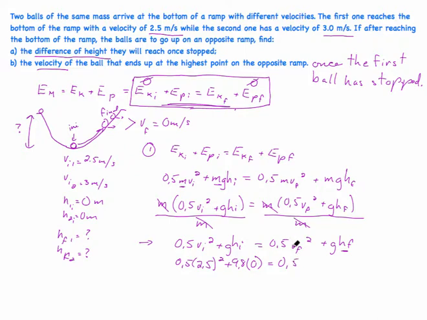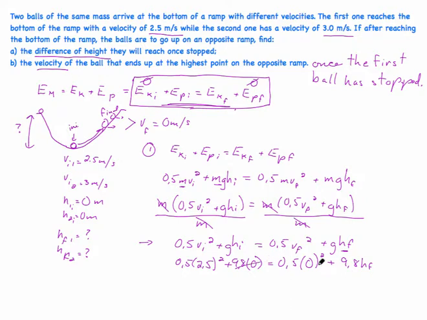That should be equal to 0.5 times my final velocity. When my ball has reached the maximum height on the opposite ramp, the velocity is going to be 0. I'm going to pretend that the ball is stopped at its maximum height, and I will be left with 9.8 times the h final.